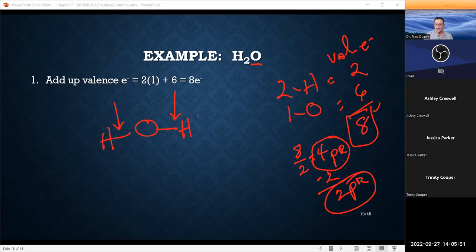Well, we know that hydrogen is a duet. So that line should tell you that hydrogen's happy now. I cannot put any more on hydrogen because the duet has been fulfilled for both hydrogens. So the only logical place is the oxygen. If you look at oxygen at this point, there are only 4 electrons around the oxygen, 2 with each hydrogen shared.